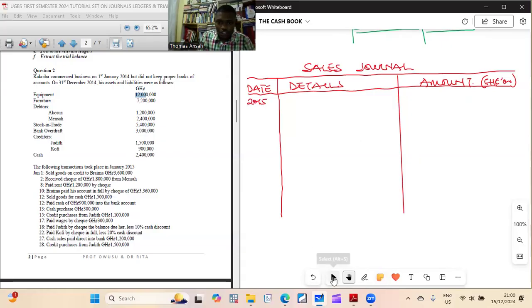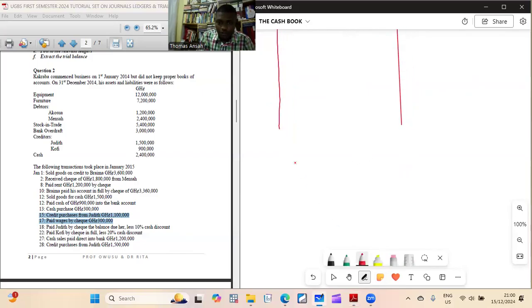Then, if there is a need to do, as you saw in there, that there were also credit purchases, so you need to also open purchases day book, right? Purchases day book.